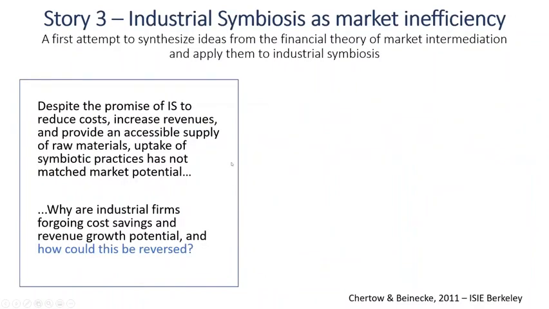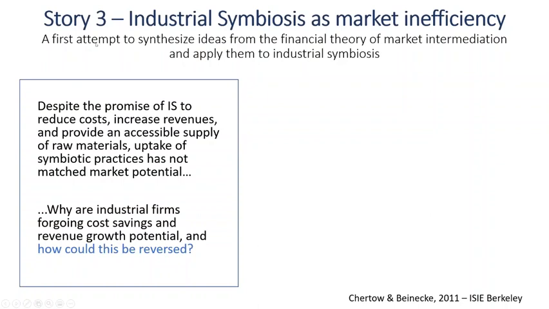Another thing I feel obligated to say is, why don't we see more industrial symbiosis? It reduces your costs, it increases your revenues, it provides more supply for raw materials. Why hasn't it reached its market potential? Why isn't it so attractive, or why doesn't it look profitable to everybody else? And how could this be reversed? So this is another thing that we've been able to do over the years, is really experiment.